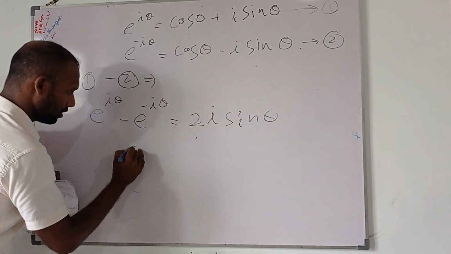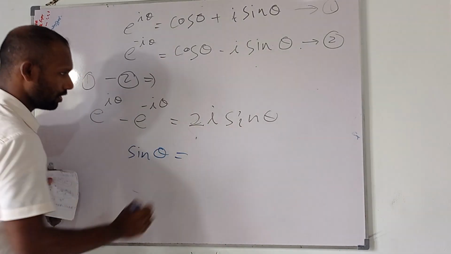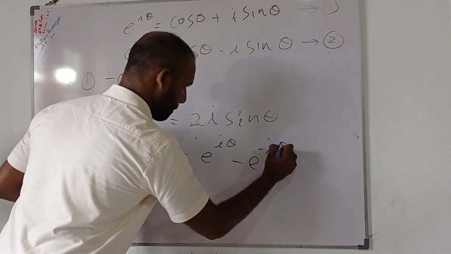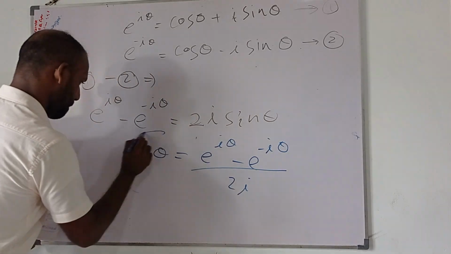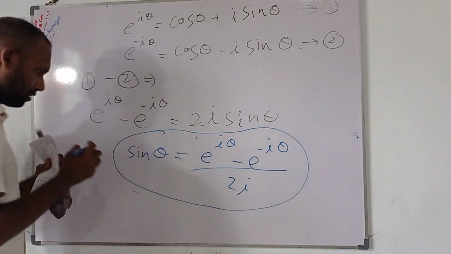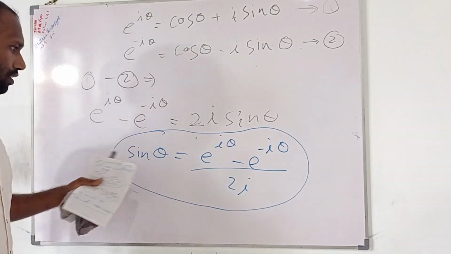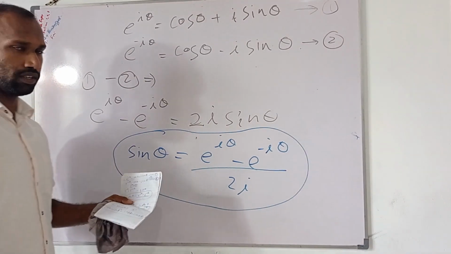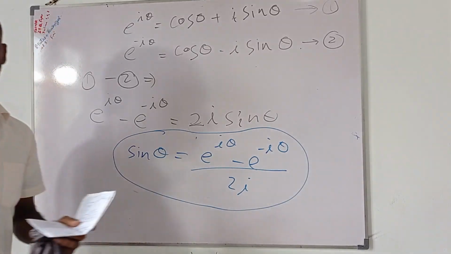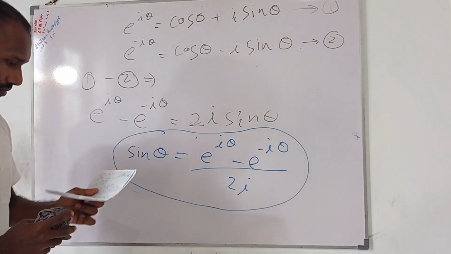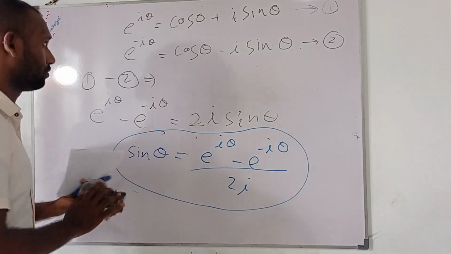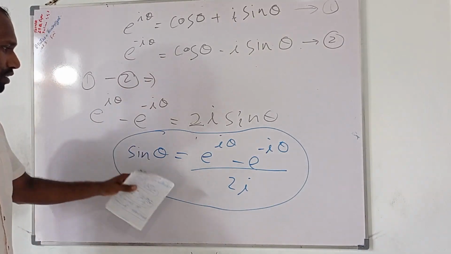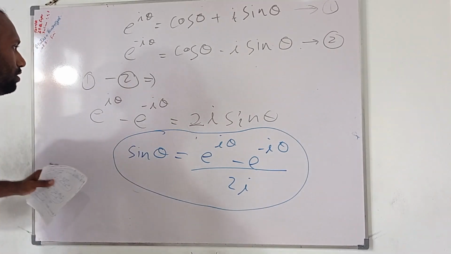So we get sin theta equals, this is the formula for sin theta using e to the power i theta and minus i theta. So you have to remember these formulas for the calculations.